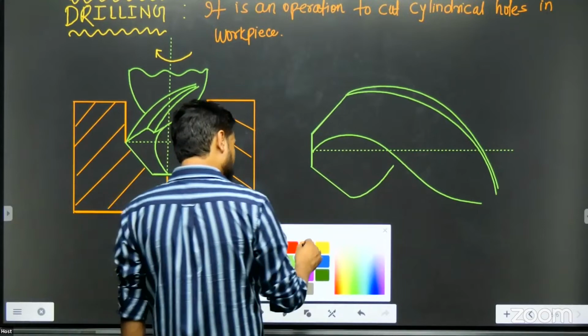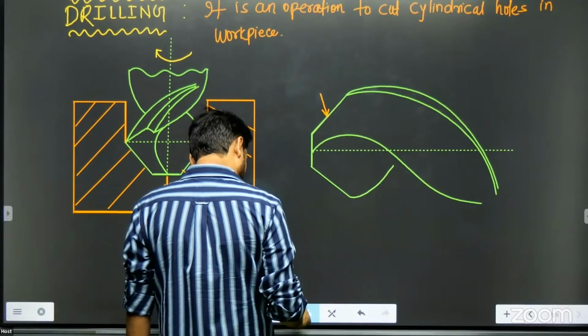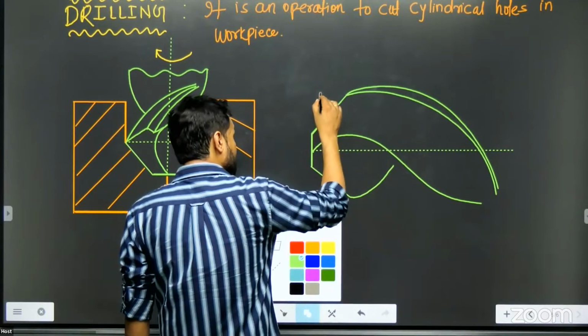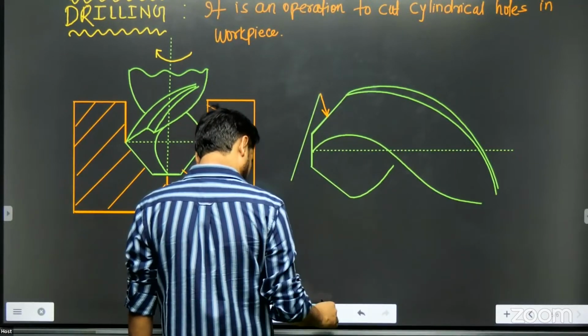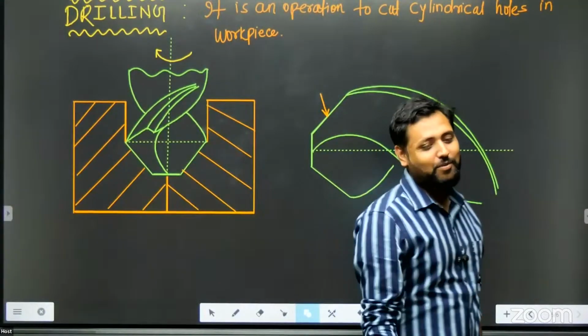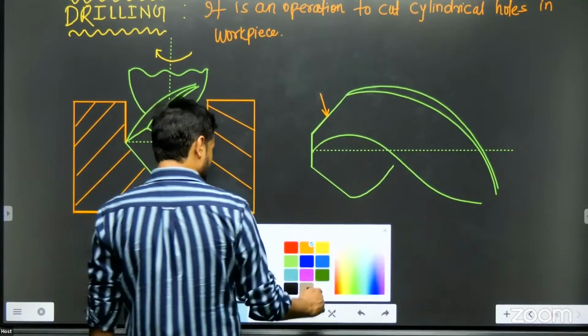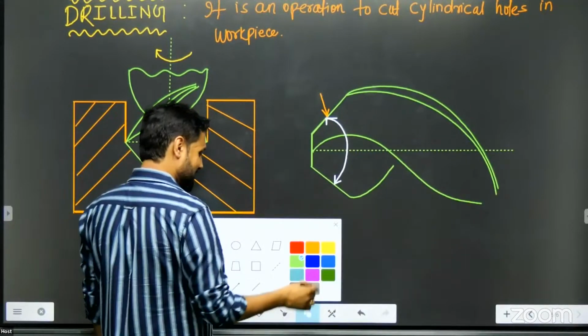Okay, so this is one cutting edge over here, and this is another cutting edge over there. ड्रिल बिट में कितने कटिंग एज होते हैं दोस्त? 5 सर। ड्रिल बिट में कितने कटिंग एज होते हैं? 5 सर। बात तो सही है। सच बात बताऊं तो ड्रिल बिट में 5 कटिंग एज होते हैं, लेकिन तुम लोगों को कैसे पता है? सब नोट्स छाप दिया है। Hey Magesh, drill bit has 5 cutting edges.